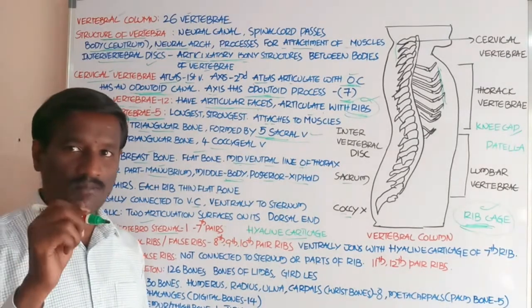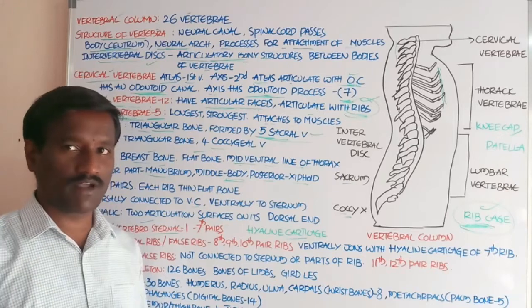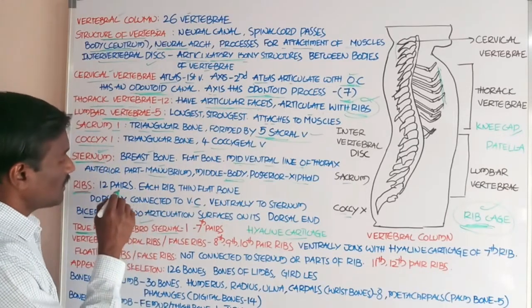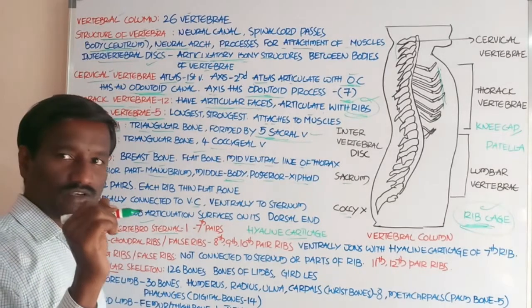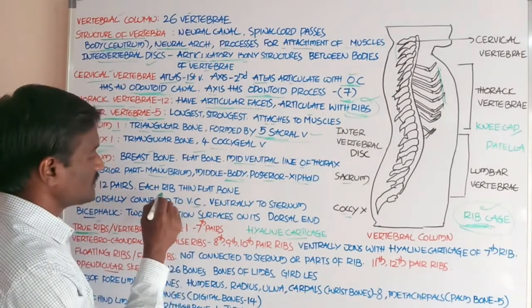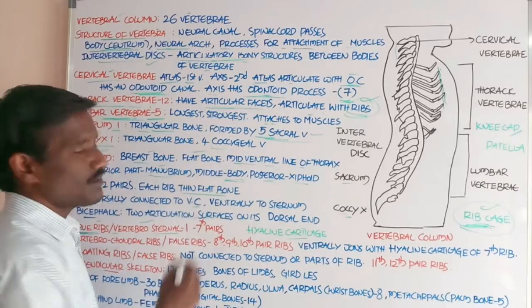Next, another one, about the ribs. Ribs are 12 pairs in number in human beings, and each of the ribs is a thin flat bone.